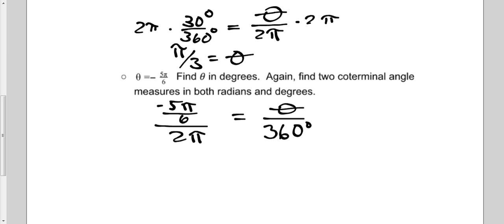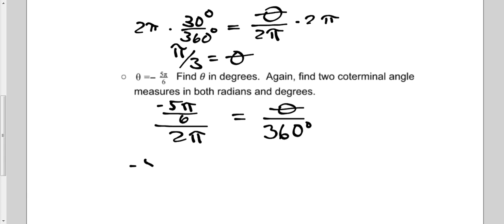Now, we can either multiply by 360 now or later. I'm going to choose later because I want to make sense of this hot mess. Negative 5 pi over 6 divided by 2 pi. Multiply by the reciprocal, right?